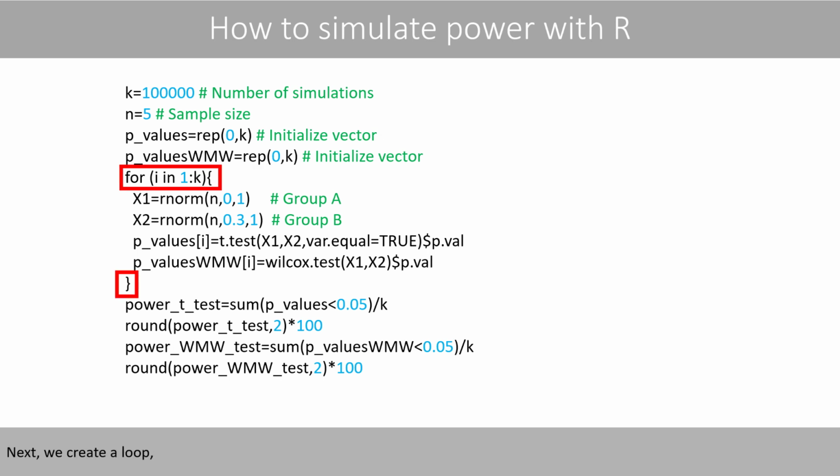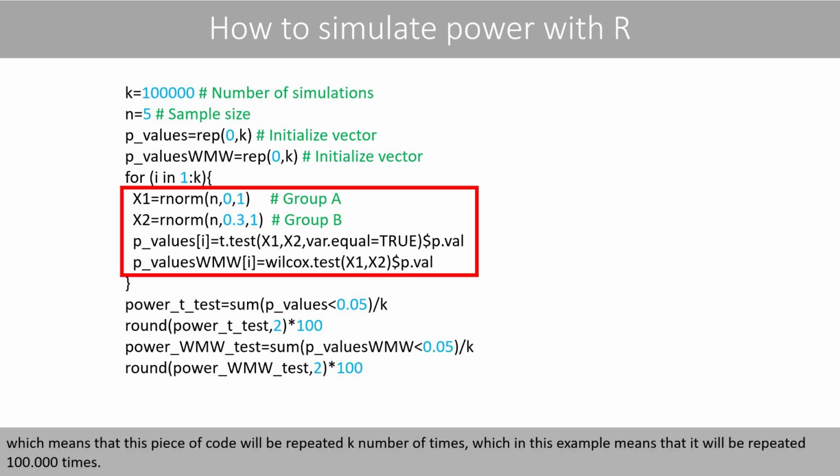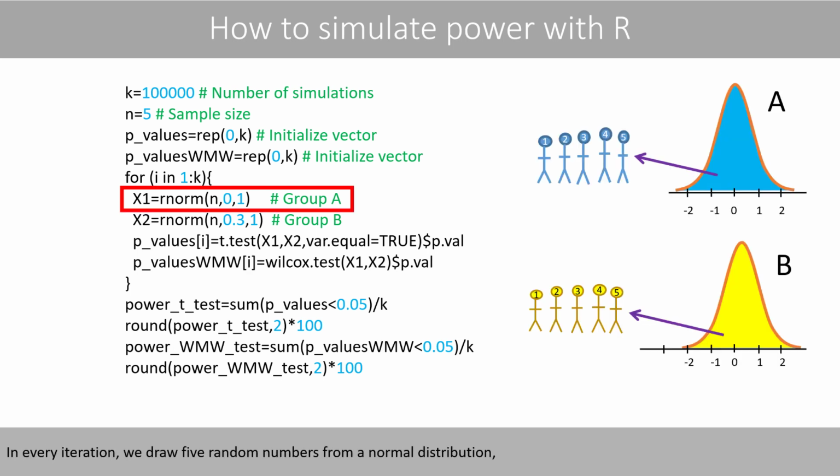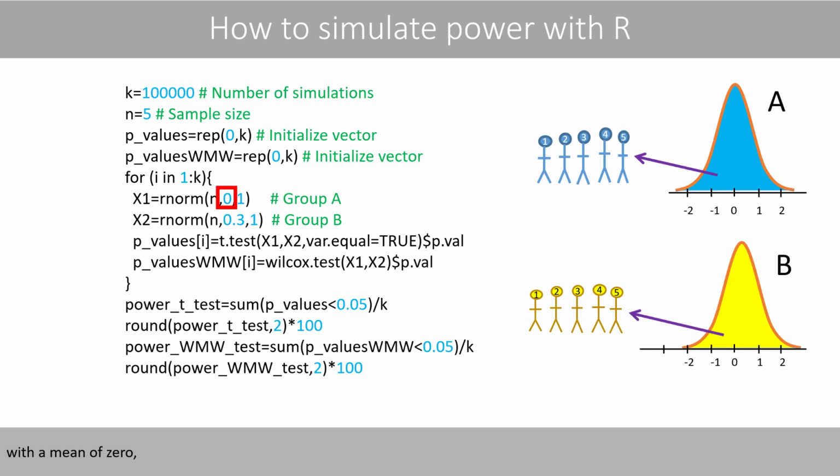Next, we'll create a loop, which means that this piece of code will be repeated k number of times, which in this example means that it will be repeated 100,000 times. In every iteration, we draw 5 random numbers from a normal distribution, with a mean of 0 and a standard deviation of 1.